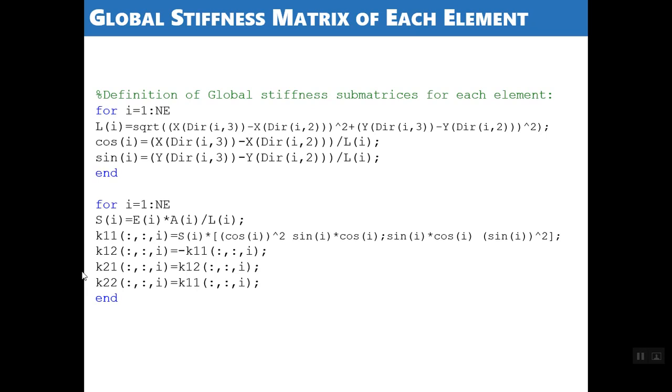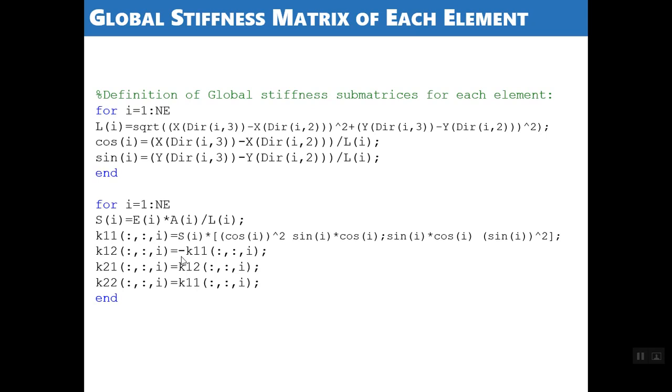So we have to calculate these four components K11, K12, K21 and K22, where EA over L is multiplied by cos square, sine into cos, sine into cos, sine square. This square bracket will convert them to a matrix. The space will change the column number, the semicolon will change the row number. Hence we will have the K11 matrix formed because of this code.